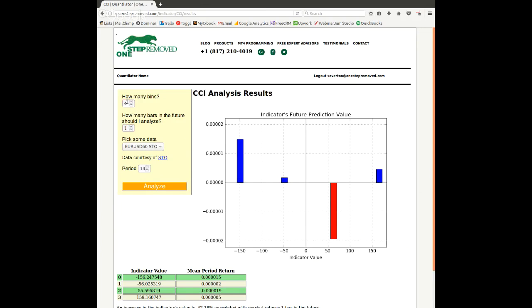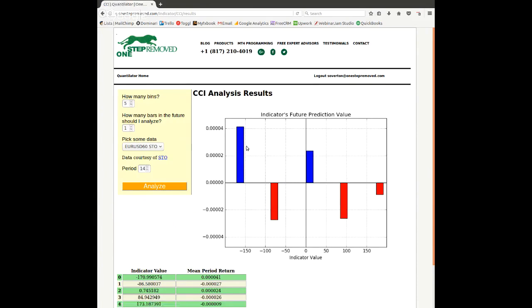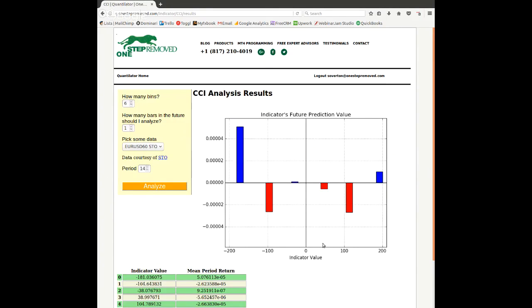So if I want to add more bars so I can get more granularity, I just change the number to 5, push analyze, and now I've got 5. That makes sense? If I want to have 6 bins, I see 6. And you notice this scale isn't changing too much, but it will always have the number of bars that you've asked for. So if you ask for 6, you get 6. You guys tracking with me so far?